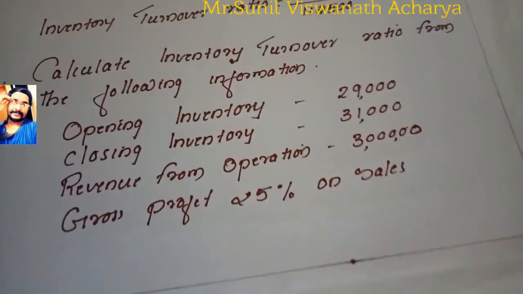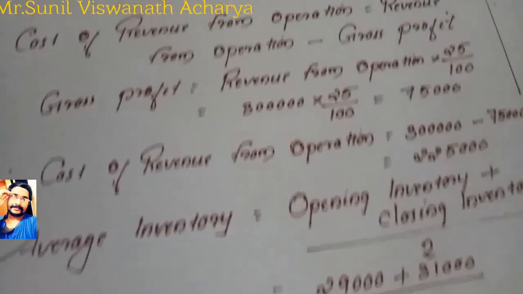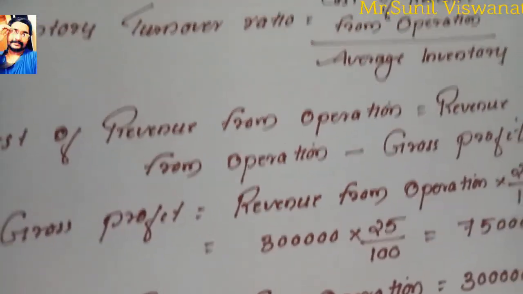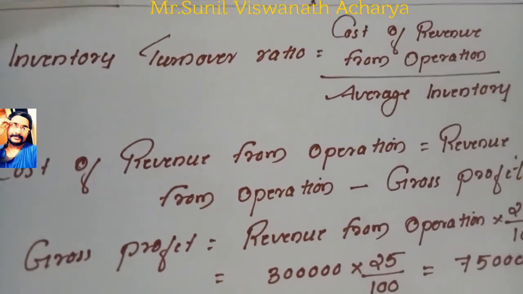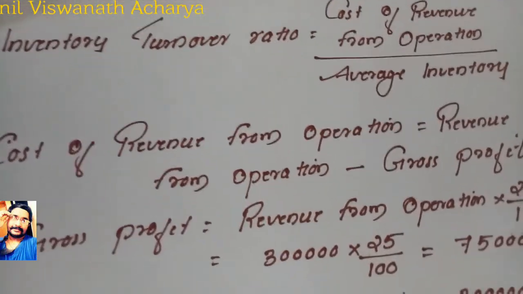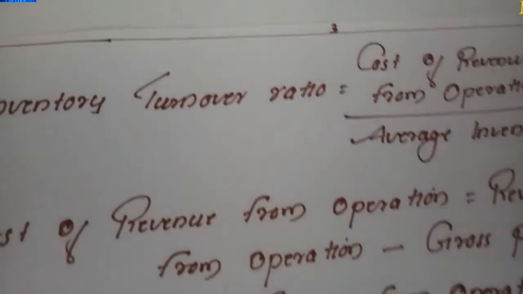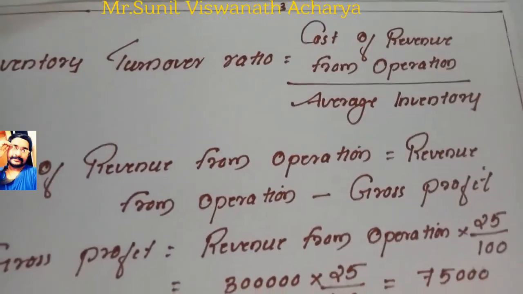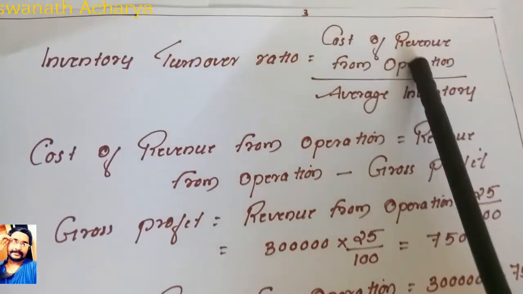How can we calculate this question? See, what do we have to calculate here? The inventory turnover ratio. Remember the equation: inventory turnover ratio is equal to cost of revenue from operations divided by average inventory.